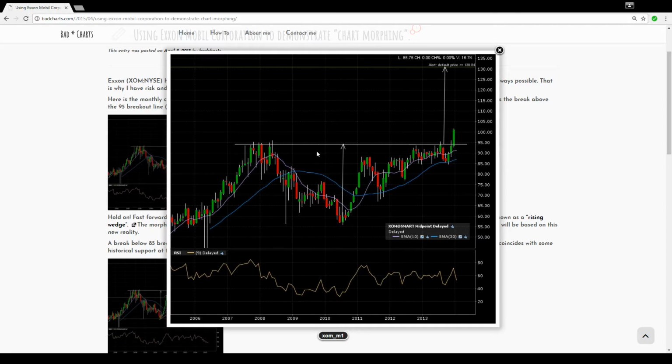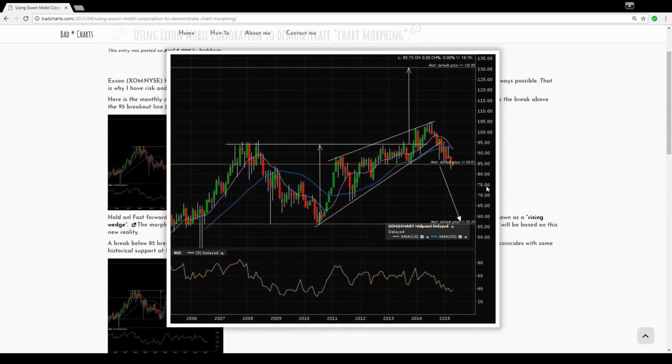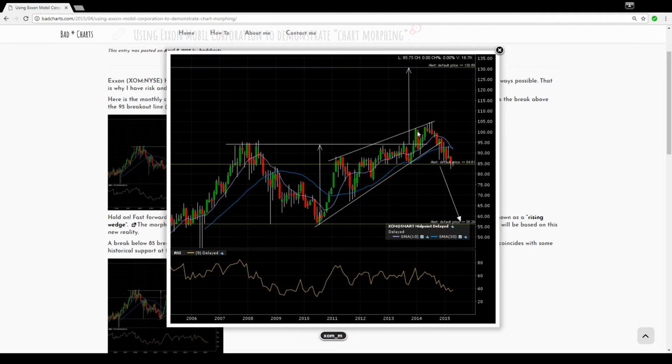Back in the days, this was, I think, Exxon. I identified a bottom formation here and confirmed breakout. Oh, okay. What happens? Fast forward a little bit. The breakout retraced, got triggered out here around the 90. Not under the breakout candle, would have triggered out here.